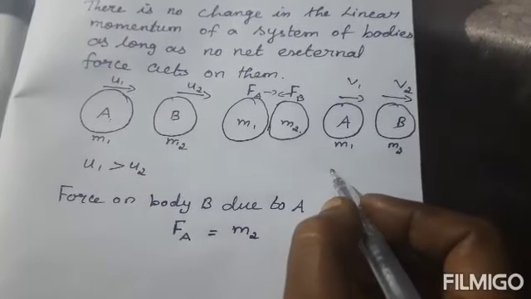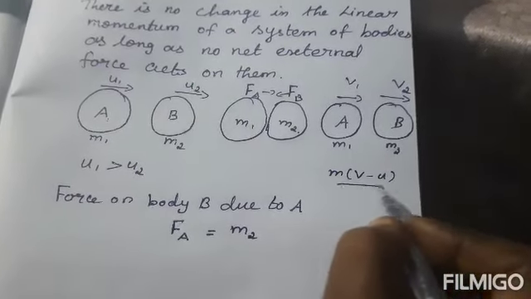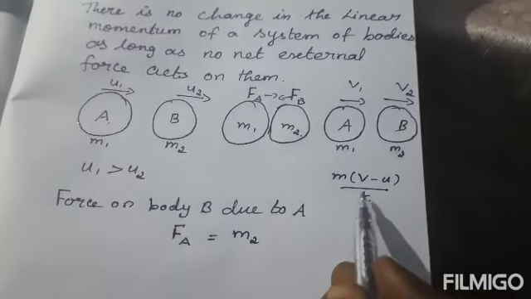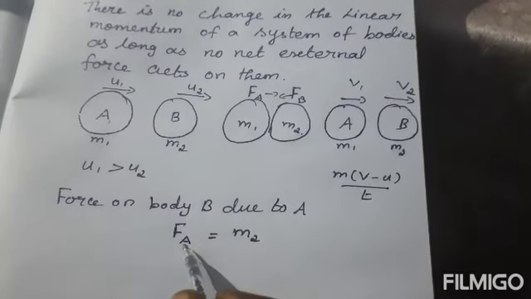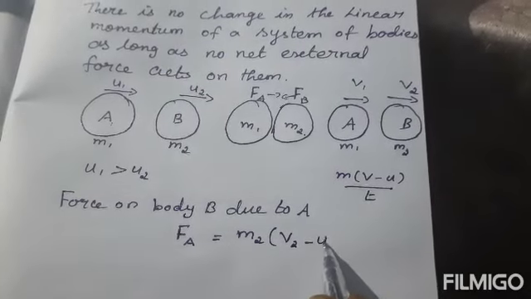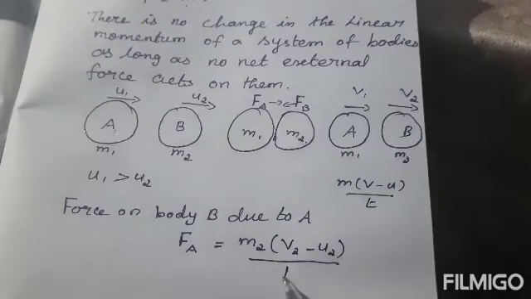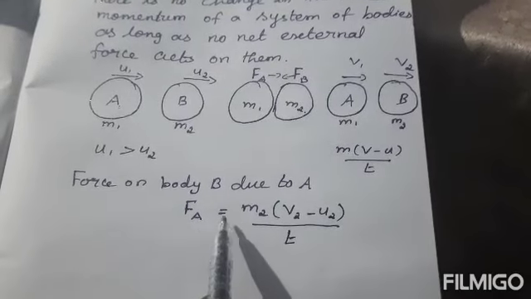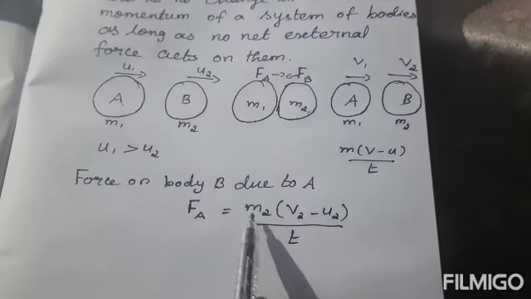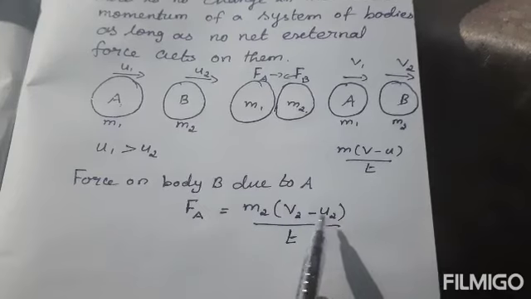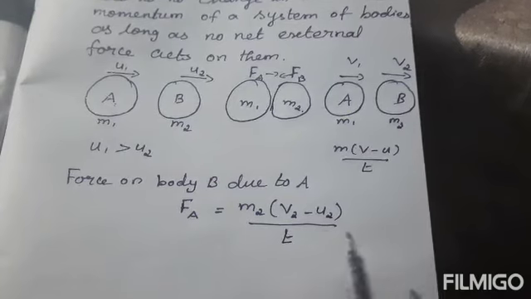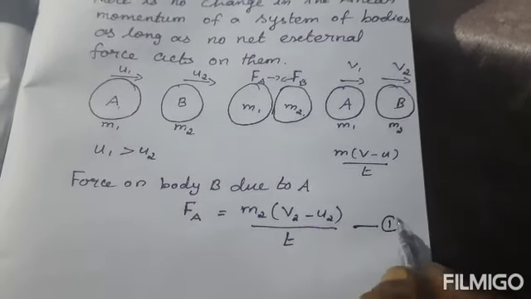What is the formula? M into (v minus u) divided by t. You have learned this in the derivation of the second law. So here for B, Fa equals m2 into (v2 minus u2) divided by t, where m is mass, v is final velocity and u is initial velocity. We can take this as equation number 1.